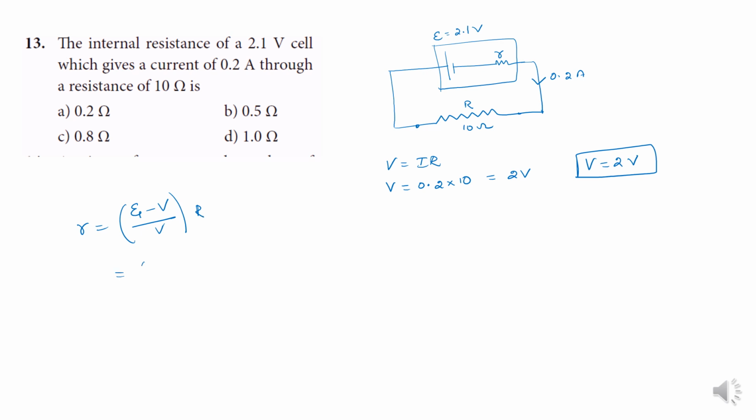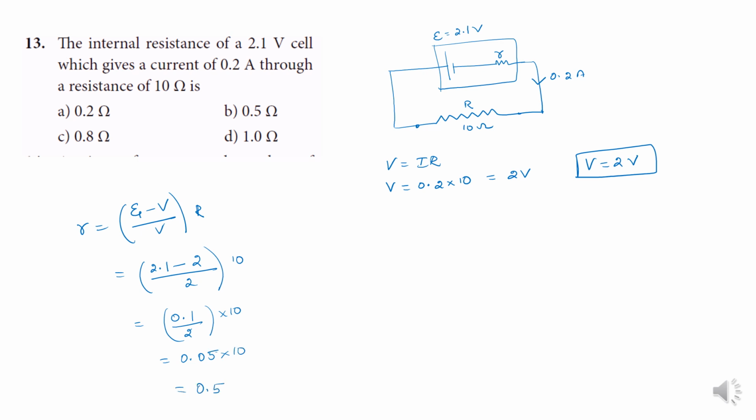So epsilon is given as 2.1, minus the terminal voltage drop, which is 2 volt, divided by 2, into capital R, which is 10. 2.1 minus 2 is 0.1, by 2, into 10. 0.1 by 2 is 0.05, into 10, which is 0.5.